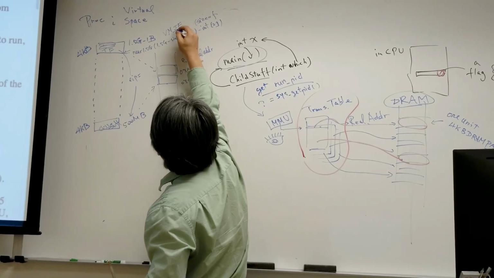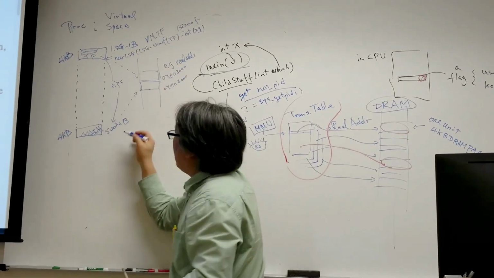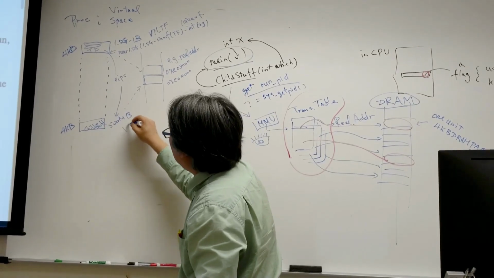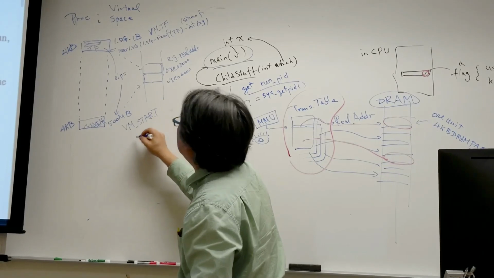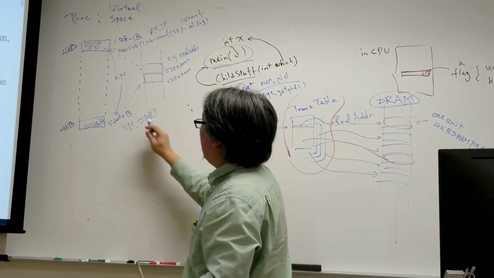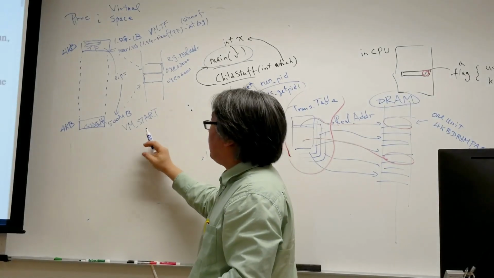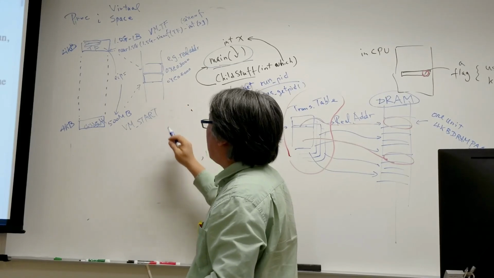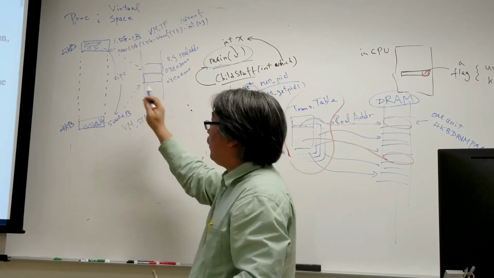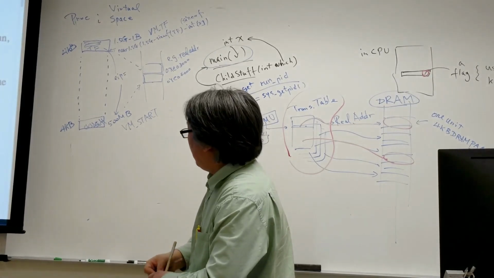Every process created from the exec service will have this constant, and the instruction pointer is VM start. Every process created by the exec service will have this in the EIP. So when this process starts to run, the MMU needs to get ready, using the right translation table to translate virtual addresses. All right.